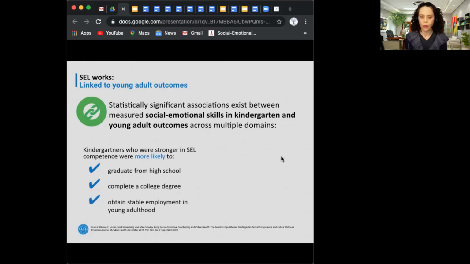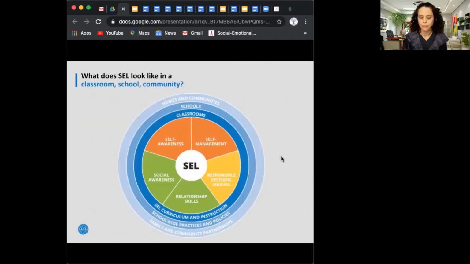And there were positive outcomes that were seen over time, and then there were reduced outcomes that none of us really want to see with our young people. So this showed it's not only supportive at the time, but over a long period of time in terms of evaluating future outcomes.